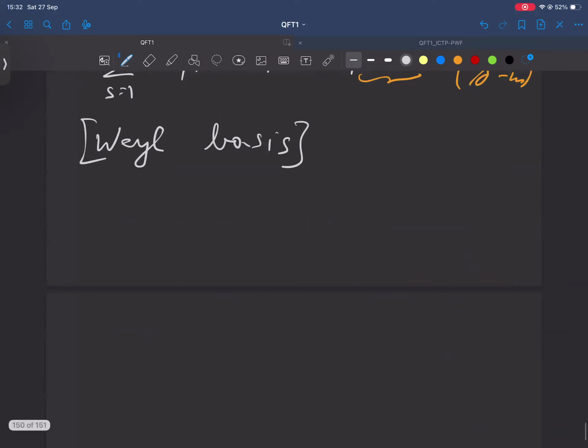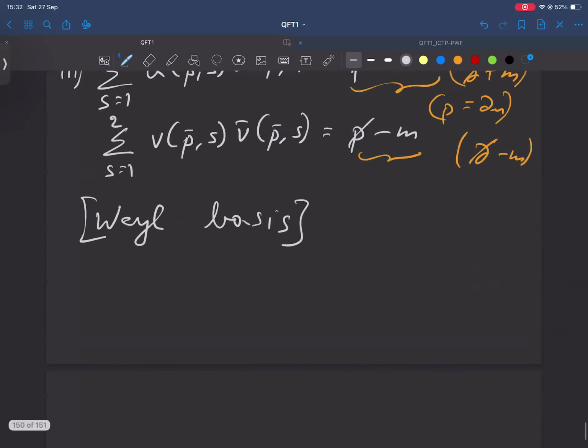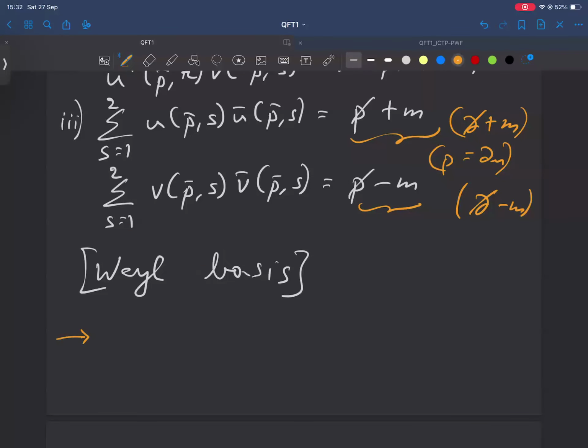But now with this much in our arsenal, let's move on to quantizing and understanding where this anti-commutator relation enters and all these things. I promised you last time that we will see that spin half fermions, exchange of particles giving a minus sign, or anti-commuting things, all these are built into the structure of QFT.